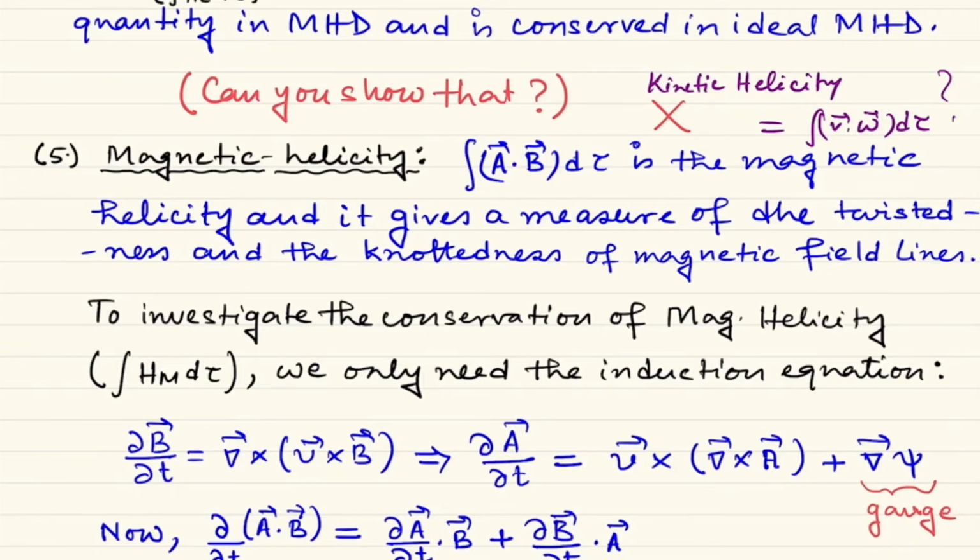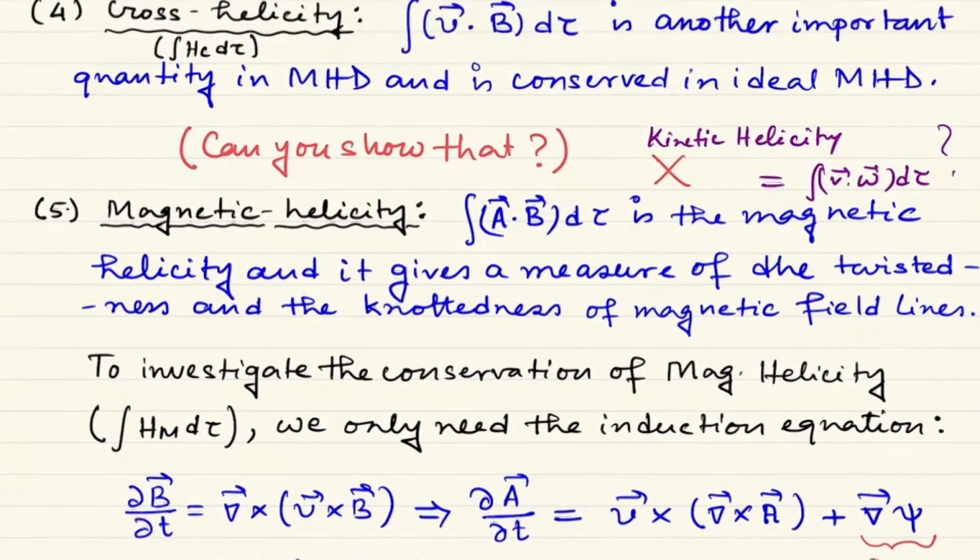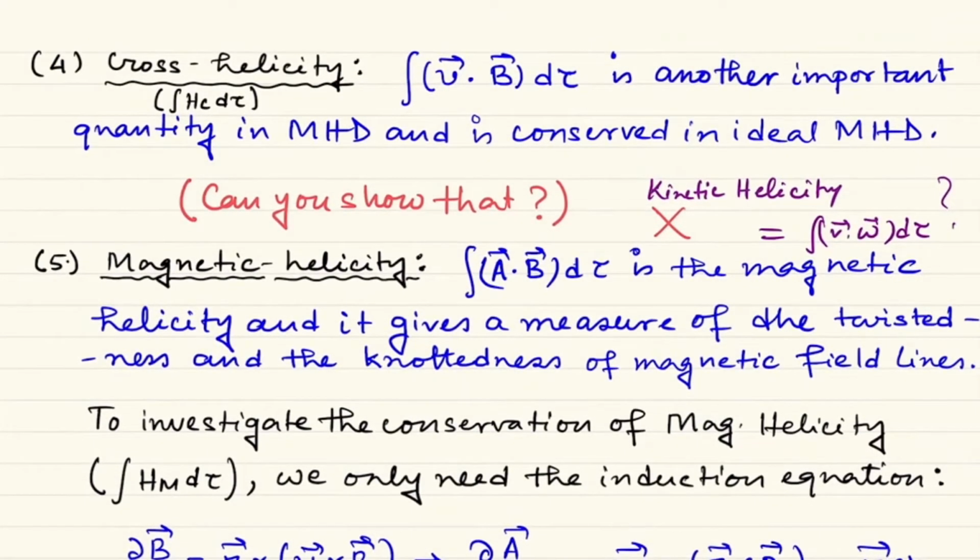One thing is true: whenever we talk about the conservation of cross helicity or kinetic helicity, we have to think about whether the system is compressible or incompressible, because we have to consider the del V del t type of equation, and then the question of the compressibility of the fluid comes into play.